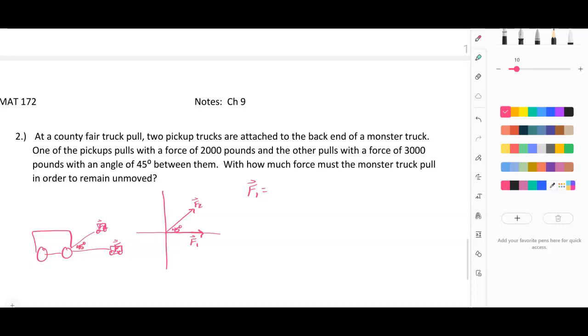It's going to be 2,000 pounds times cosine of 0 degrees, because it's along this path, sine of 0 degrees. Now let's simplify that. Cosine of 0 is 1, sine of 0 is 0. So I'm thinking about that as 2,000i.